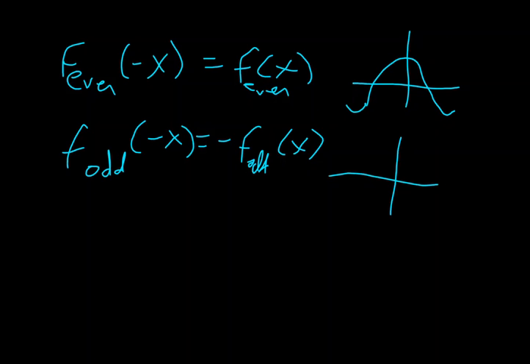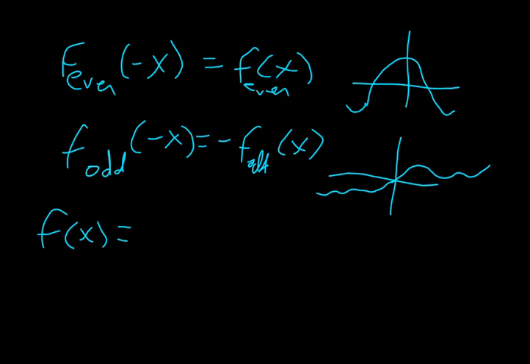It doesn't change the function. For an odd function, a flip across the y-axis changes the function by just, I didn't draw it perfectly, but if you flip across the y-axis, it becomes negative itself, right? That's an odd function.